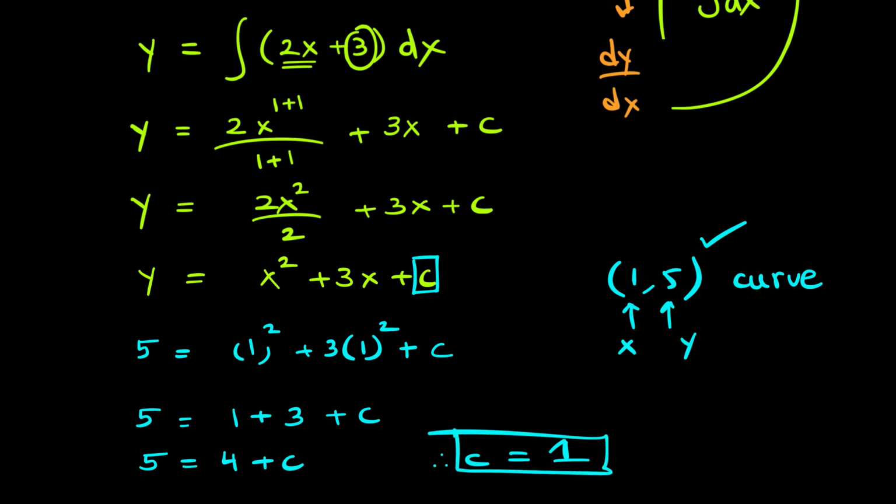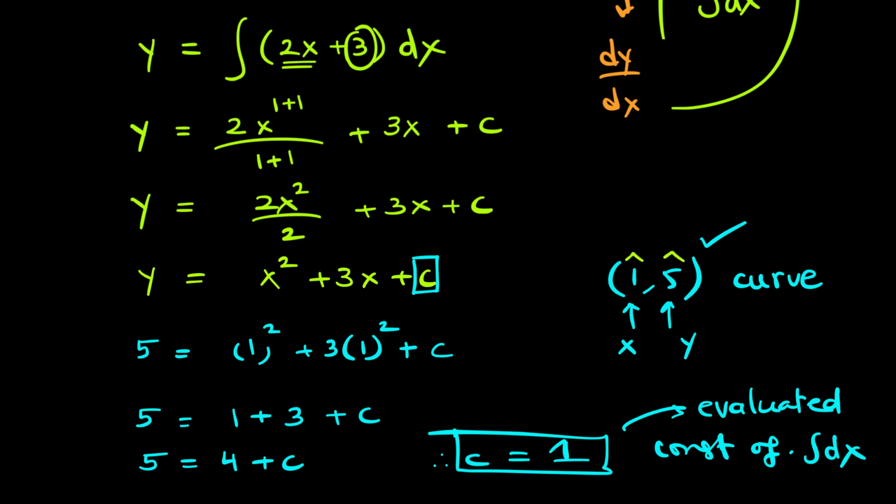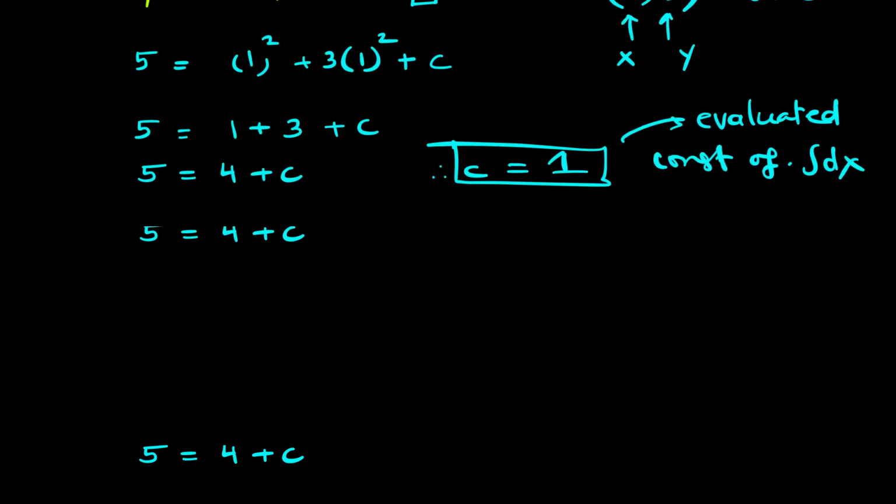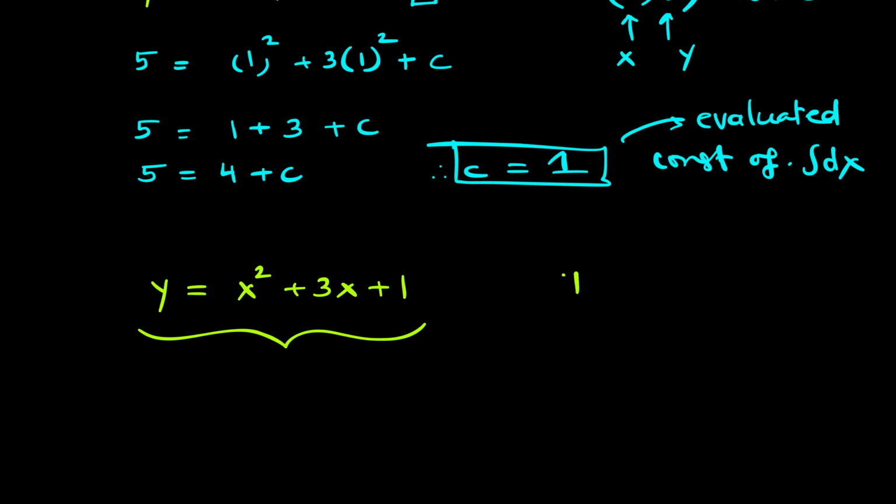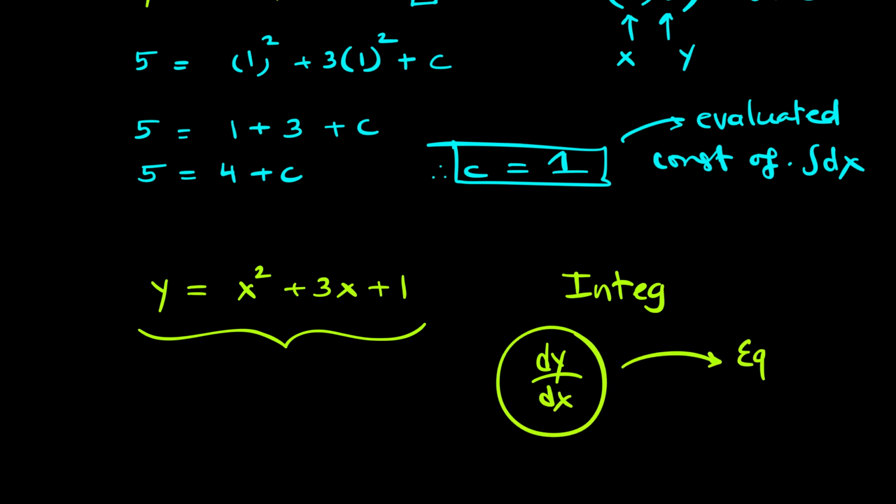So this is the first time that we have evaluated the constant of integration using this point (1, 5). Therefore, the equation comes out to be y equals x squared plus 3x plus 1. So that is how we use integration and we find the equation of a curve based upon the gradient function.